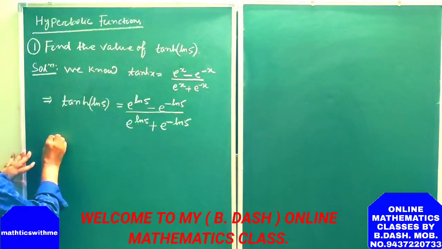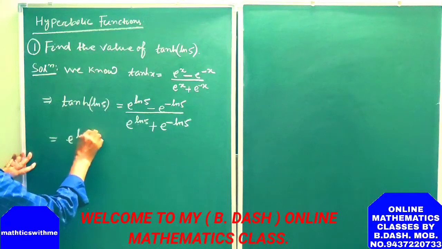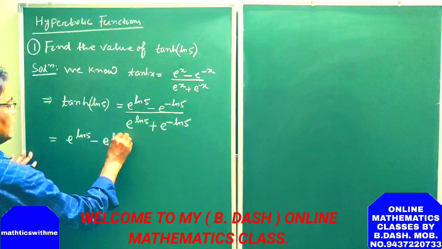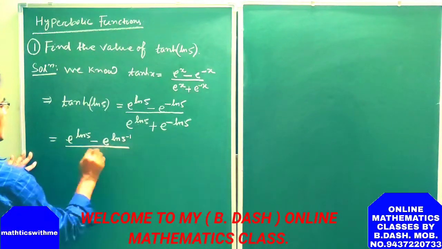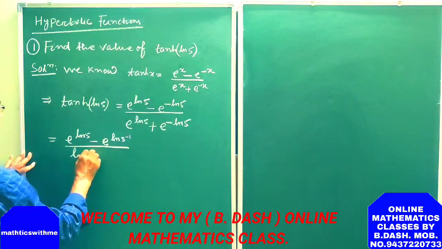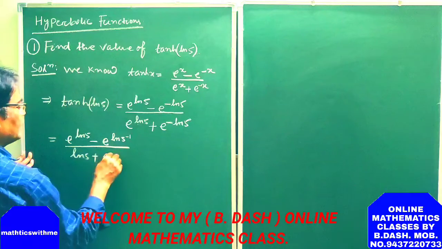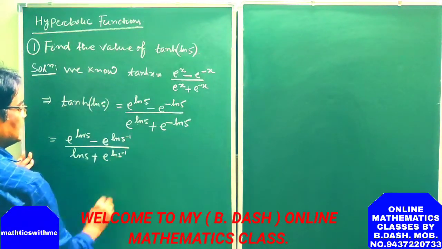This can be written as (e to the power ln 5 minus (e to the power ln 5) to the power minus 1) by (e to the power ln 5 plus (e to the power ln 5) to the power minus 1).